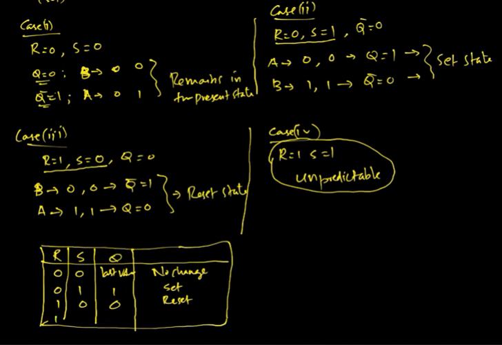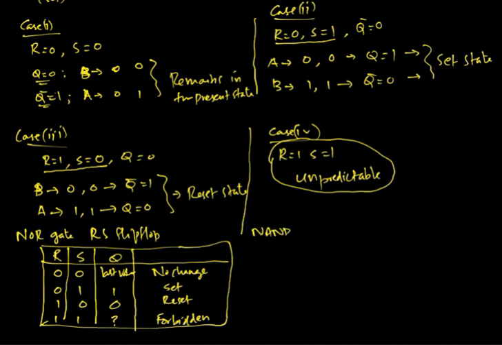When R is equal to 1, S is equal to 1, Q is forbidden, or we cannot predict the value of output when both the values are 1 for a NOR gate RS flip-flop.